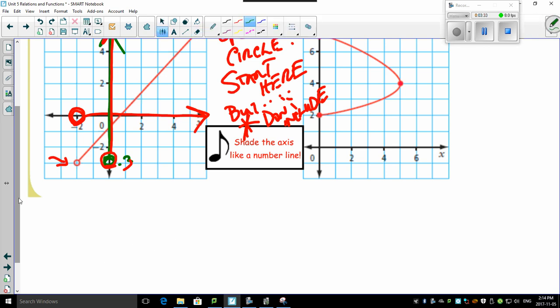For our domain, we want values that do not include -2 but are bigger than -2. So our starting point would be a curved bracket. Curved meaning start here but don't include, from -2 forever, all the way to infinity. And remember, we can never reach infinity, so we have to end it with a curved bracket. See how it works? I love interval notation.